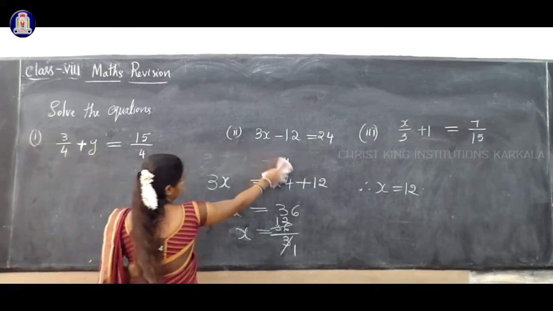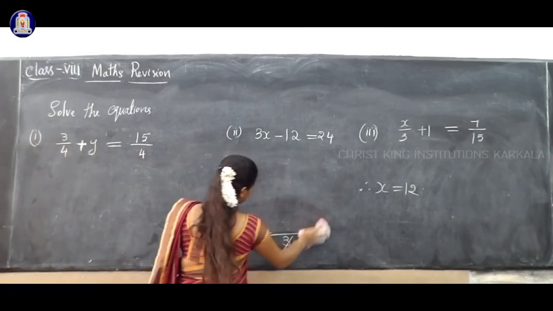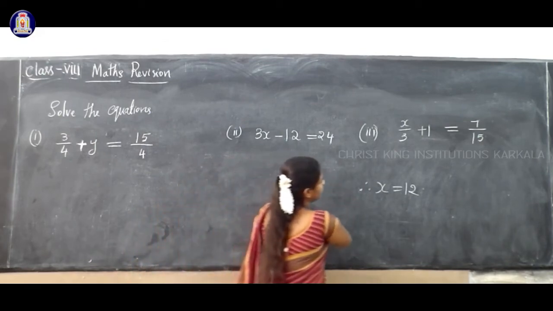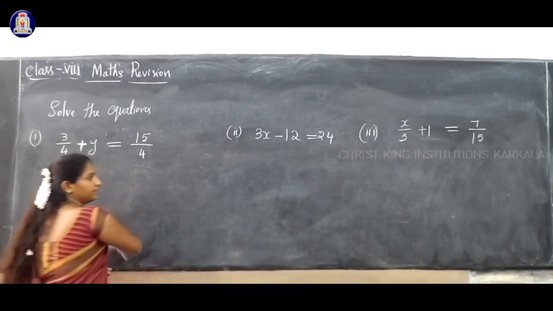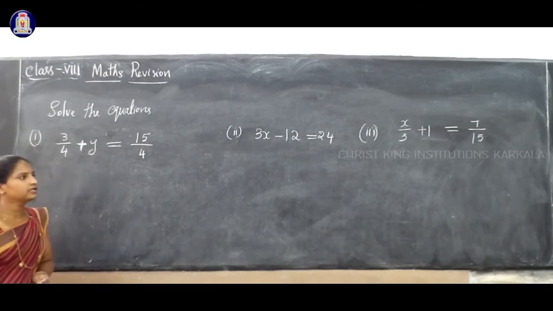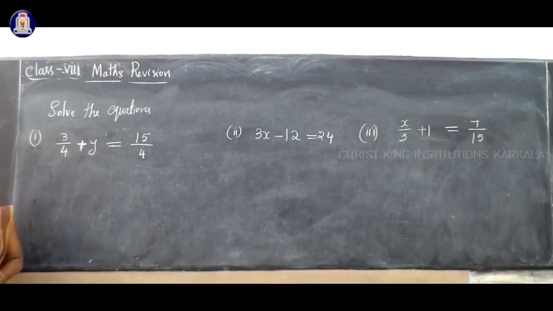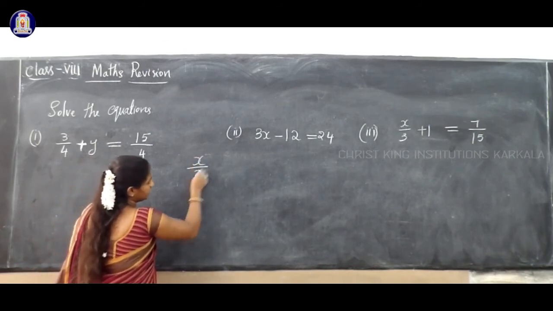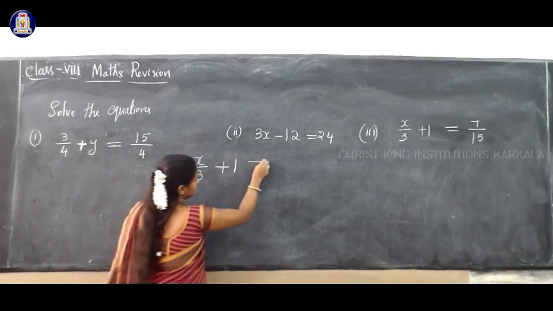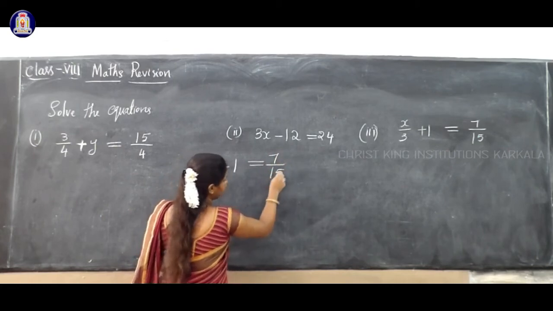Understood? Next we will solve the last equation, that is x by 3 plus 1 is equal to 7 by 15. See, the equation is in fractions, isn't it? So x by 3 plus 1 is equal to 7 by 15.